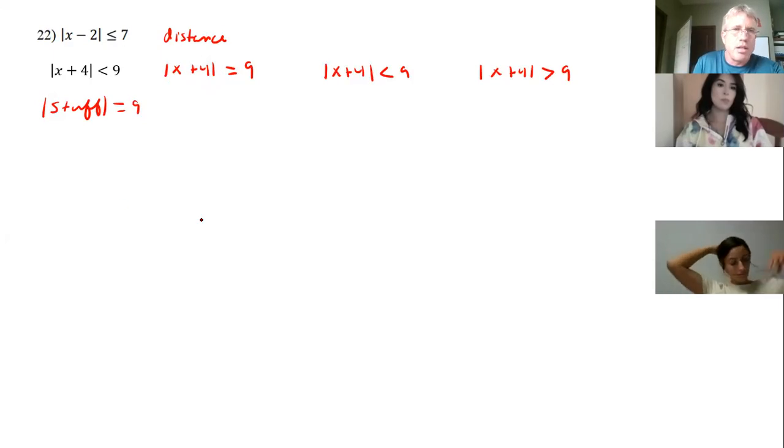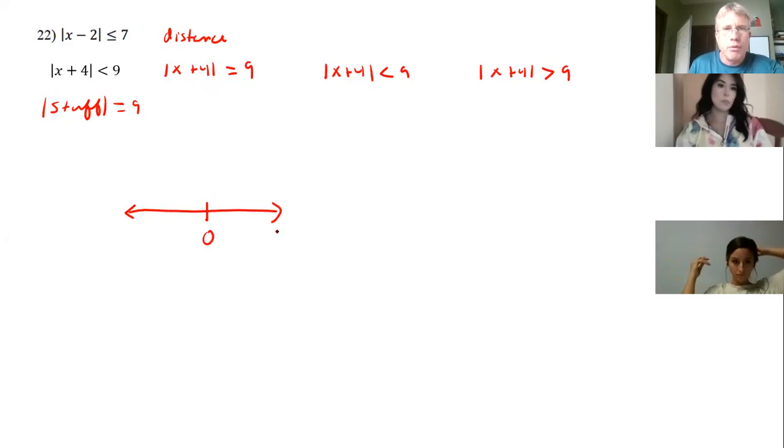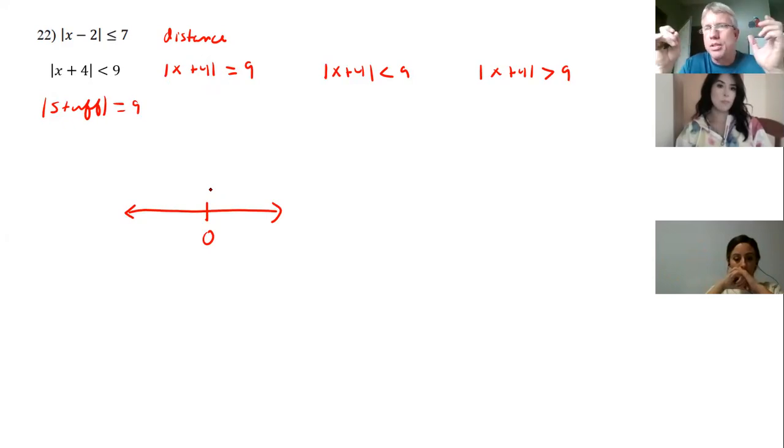If you think about a number line, and I have absolute value of stuff equaling 9, the question is, where do I have to be 9 away from 0? Everything is with respect to 0. Where do I have to be located on the number line to be a distance of 9 units away from 0? That's all the absolute value symbol's doing.